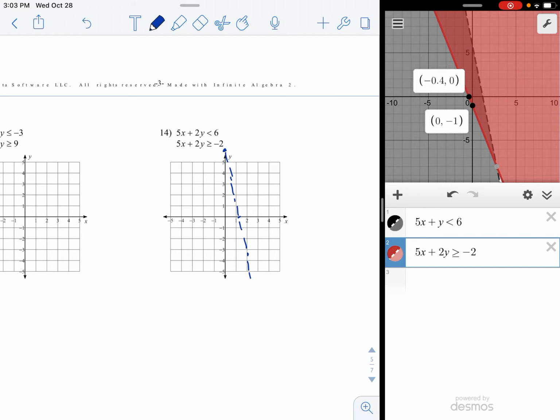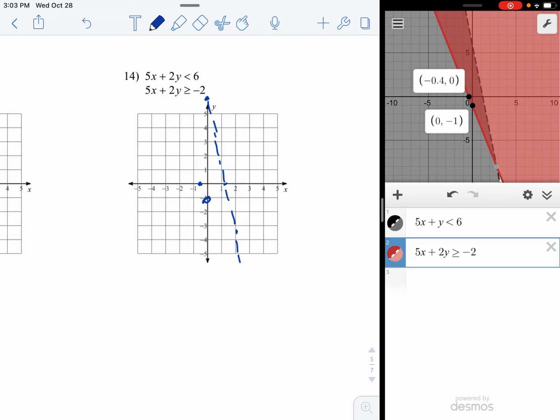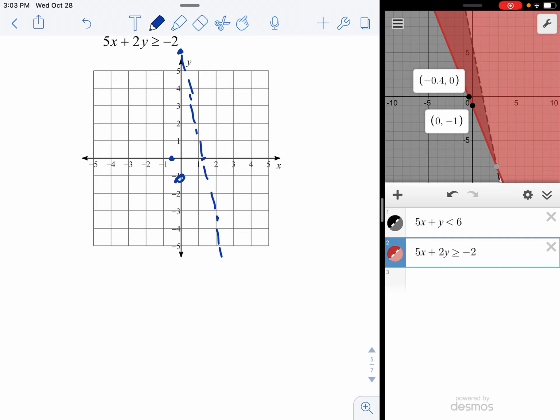Its intercepts are at 0, negative 1, and negative 0.40. So kind of like that. It's just ever so slightly at a different angle. Where do they meet? 2.8, -8. Oh, so they meet way down off the graph. So it's like way down here somewhere that they would eventually cross each other, for what it's worth. Oops, didn't mean to hit that.